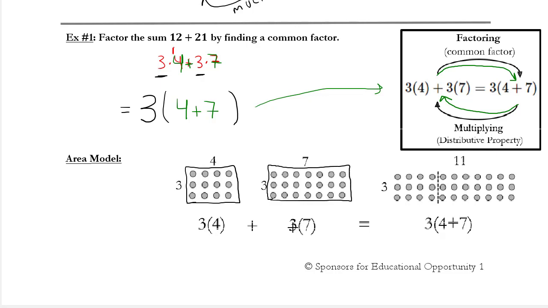And the sum, 12 plus 21, is exactly the same when you factor it. It's 3 times 4 plus 3 times 7, otherwise known as 3 times 11, or 33. Now, of course, 12 plus 21 does equal 33. So this is just another model, another way that we can interpret this very simple sum or addition problem.